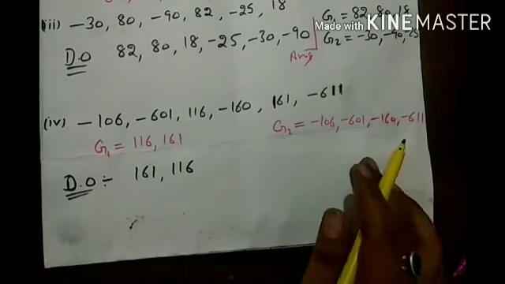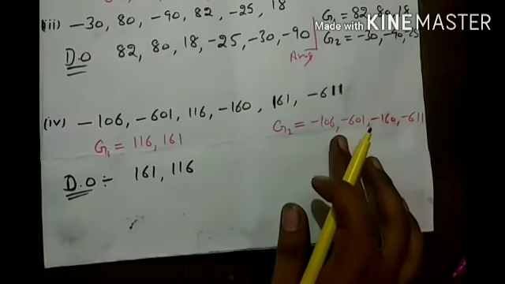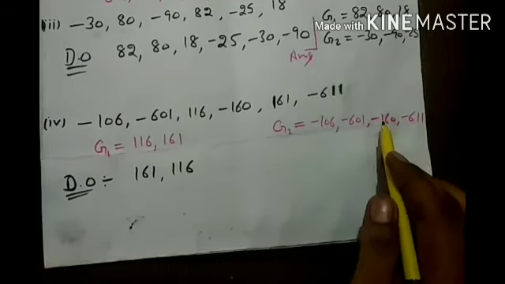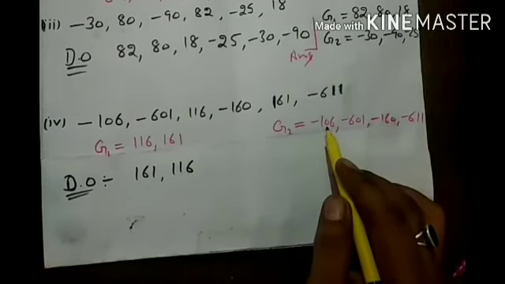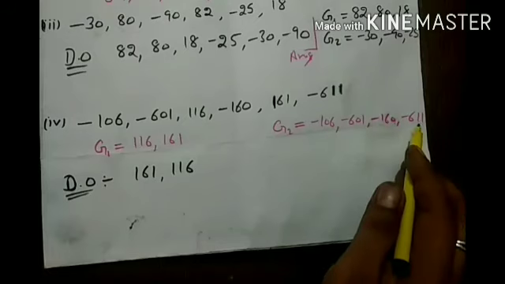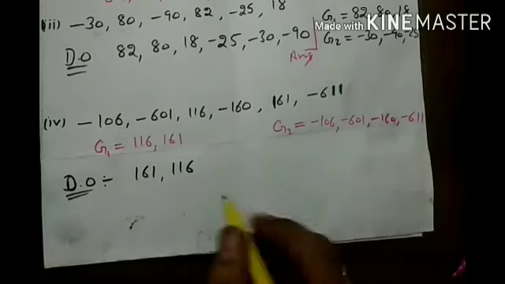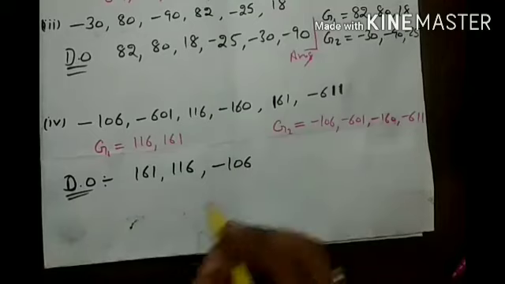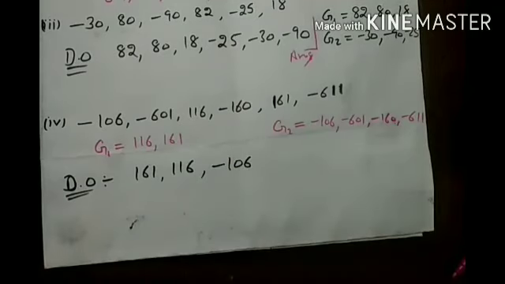Here, which is the greatest one? The one whose numerical value is smallest is greatest. So whose numerical value is smallest among 106, 601, 160 and 611? 106 is the least numerical value. Therefore, I will write -106 at first place.